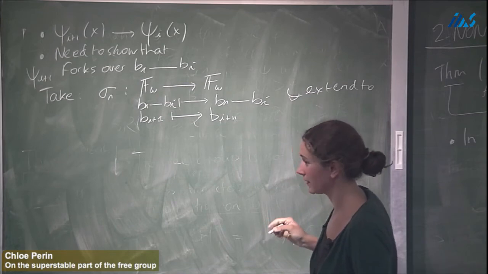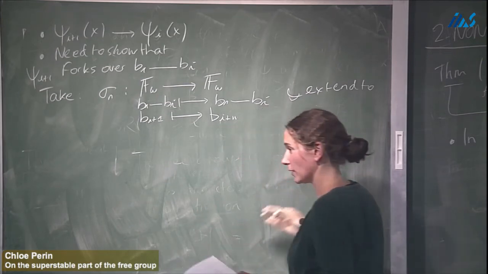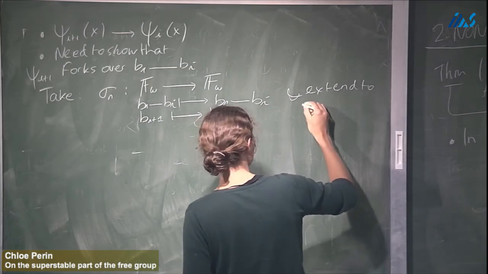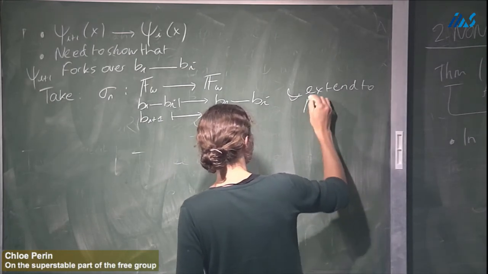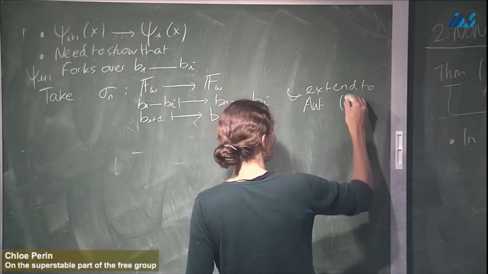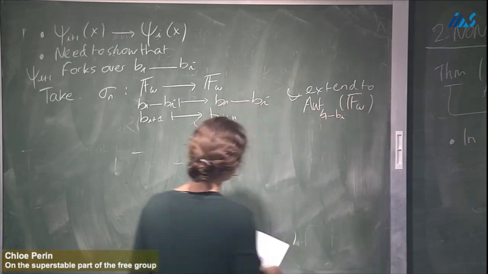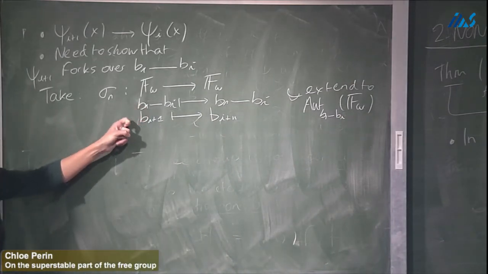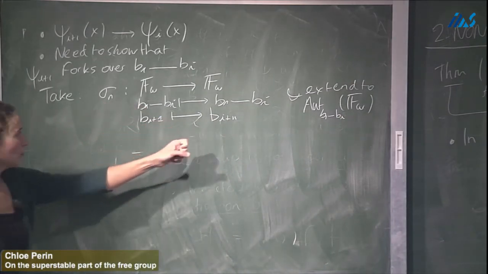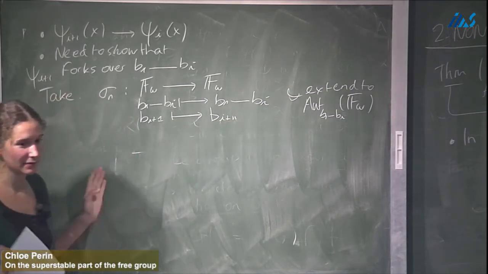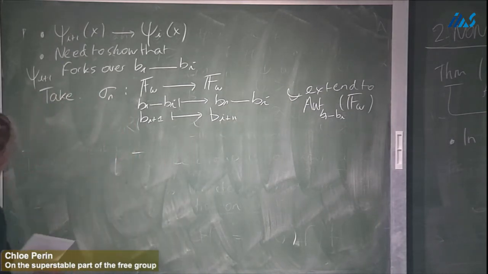Yeah, that's because you have an elementary chain. So if you take the union, then extend to an automorphism of f omega, which fixes, of course, b1 up to bi. And the reason you can do this is because we said that if you take, say, b1 up to bi plus n, and you add ei plus n plus 1, then you have a basis of the first factor of f omega, and so then, okay, they're part of a basis, so you can extend.